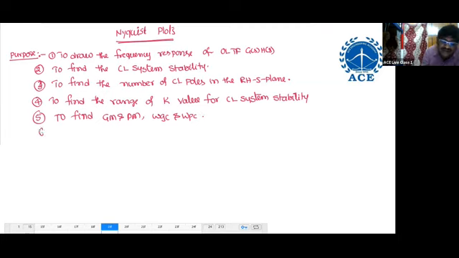Next, to find relative stability. This is the purpose of the Nyquist plot.